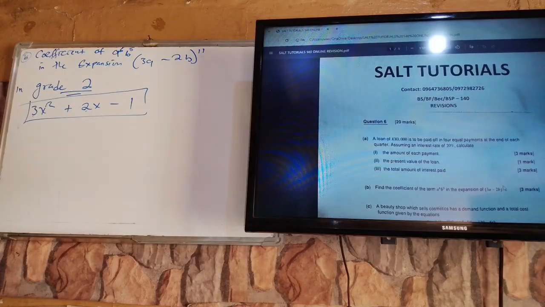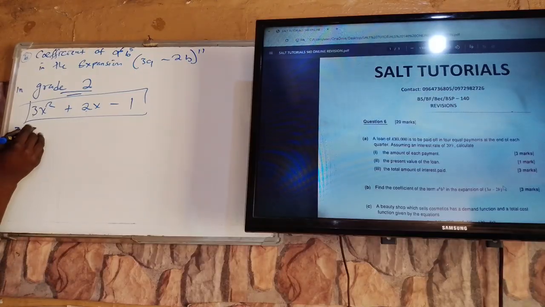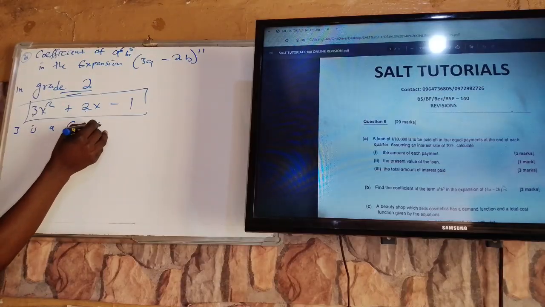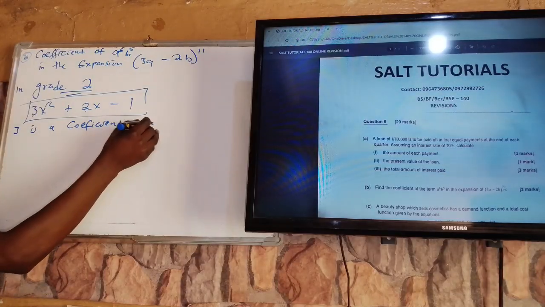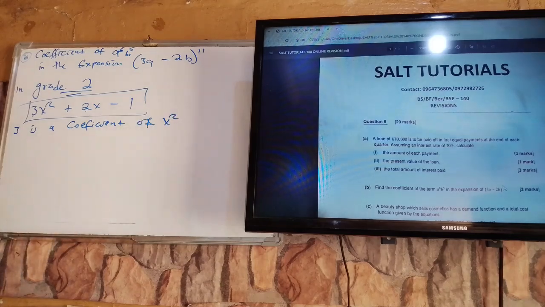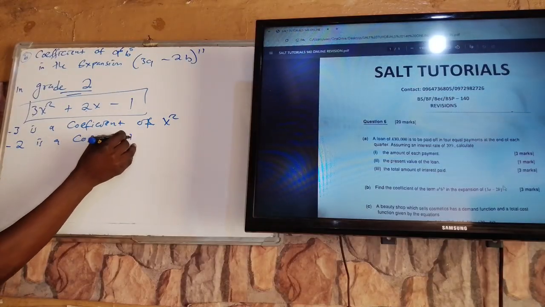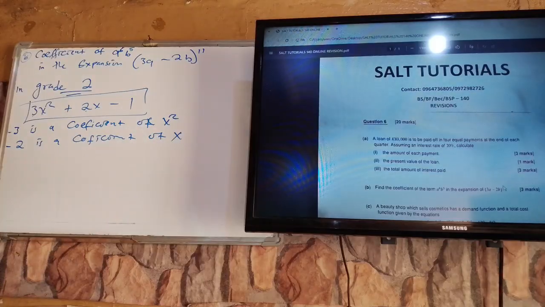So we're talking about the constant value attached to a variable, implying that 3 is a coefficient of x squared. At the same time, we can say 2 is a coefficient of x.